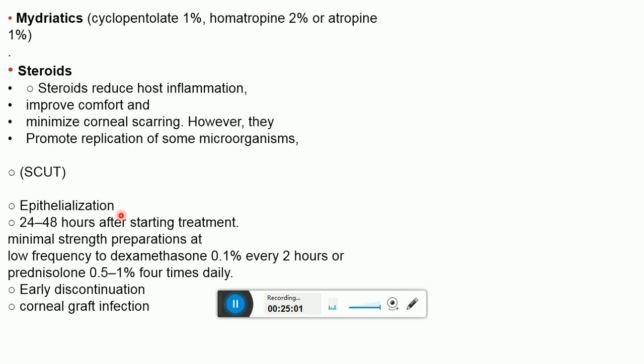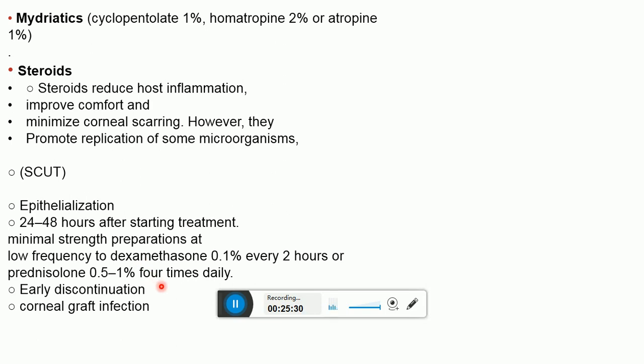Others delay their use at least until the sensitivity of the isolate to antibiotics has been demonstrated, or do not use them at all. The regimens vary from minimal strength preparation at low frequency to dexamethasone 0.1% every 2 hours or prednisolone 0.5 to 1% 4 times daily.